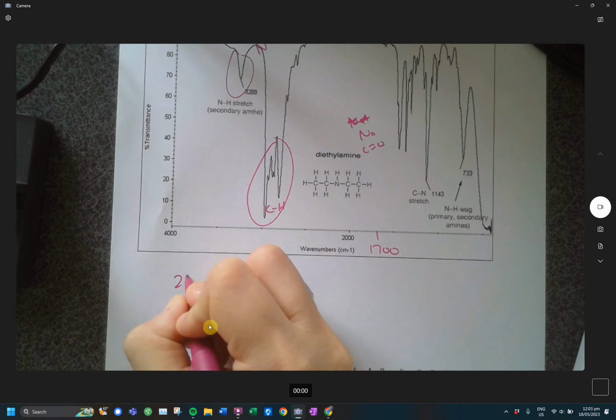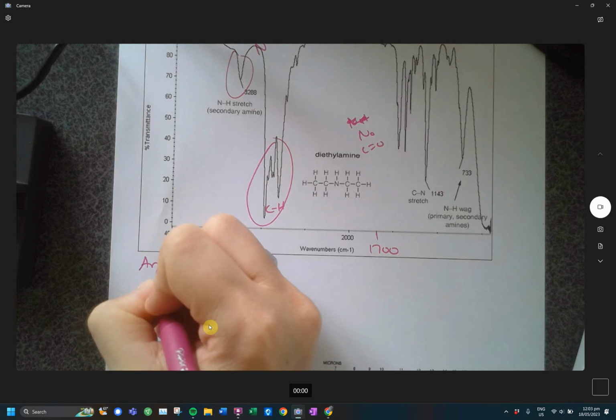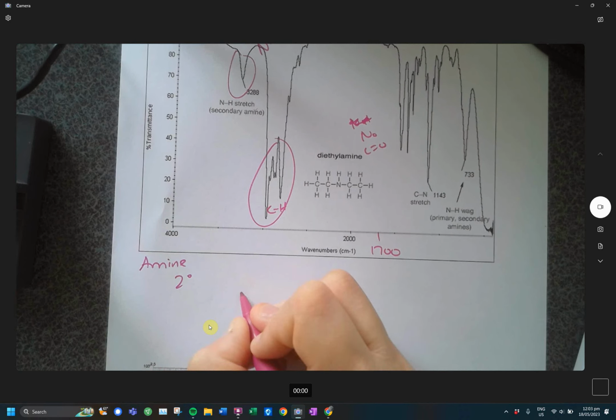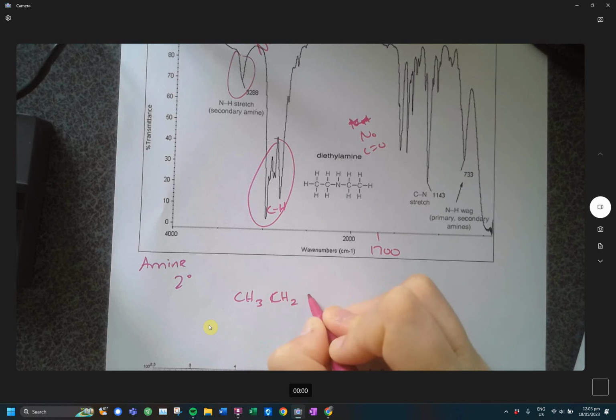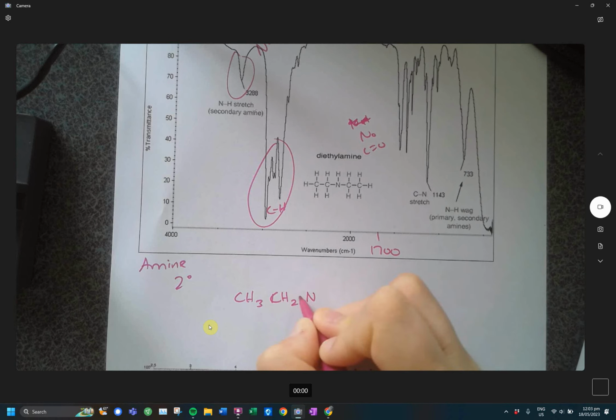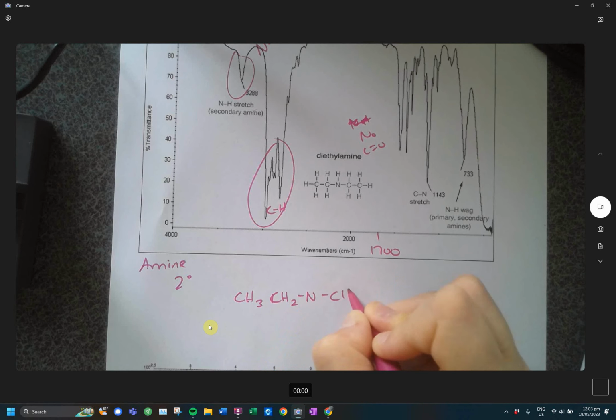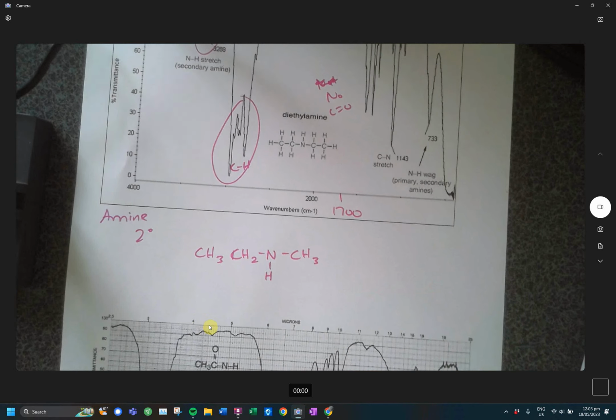But for a secondary amine, what happens is that the nitrogen is in the middle of the molecule, like that.